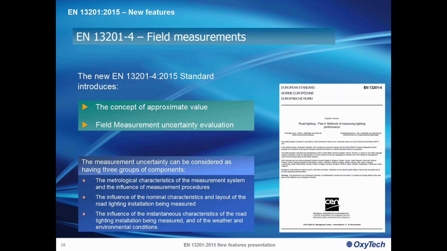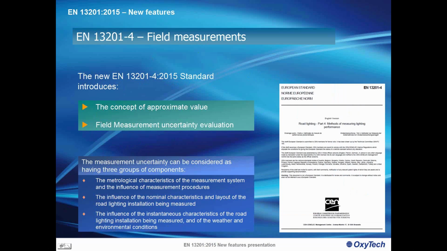The concept that was now introduced is that whenever we run a field measurement, we don't have to consider exactly a value, but we have to consider an area of probability. So we have to give an uncertainty evaluation. And in order to carry out this uncertainty evaluation, we have to consider different groups of components characterizing the definition of the uncertainty.